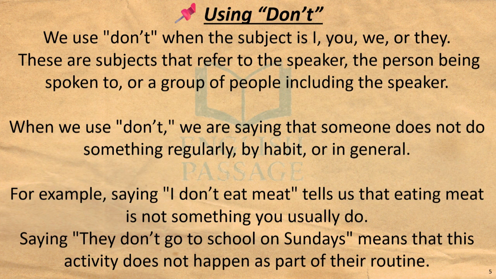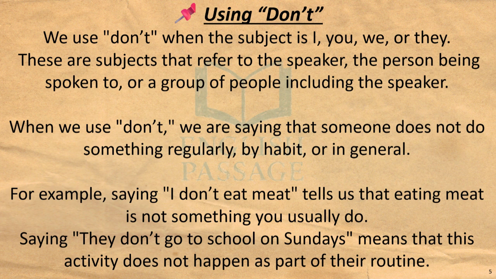Using don't. We use don't when the subject is I, you, we, or they. These are subjects that refer to the speaker, the person being spoken to, or a group of people including the speaker. When we use don't, we are saying that someone does not do something regularly, by habit, or in general. For example, saying I don't eat meat tells us that eating meat is not something you usually do.